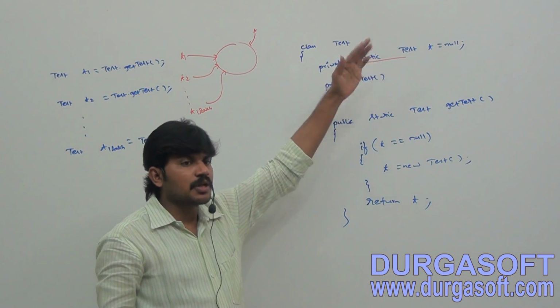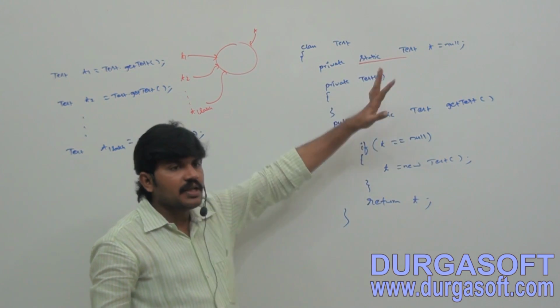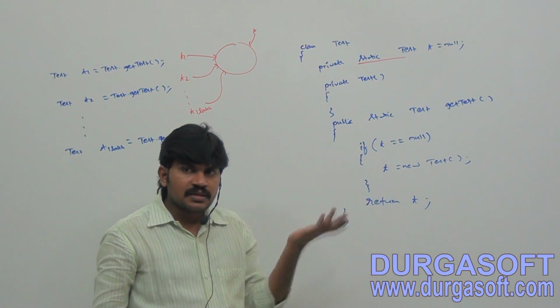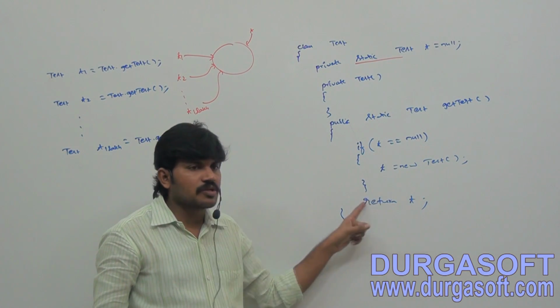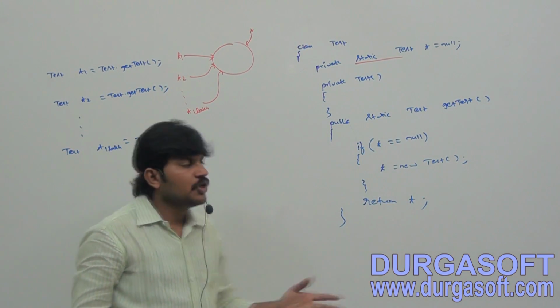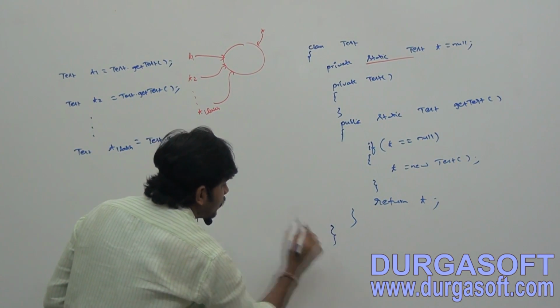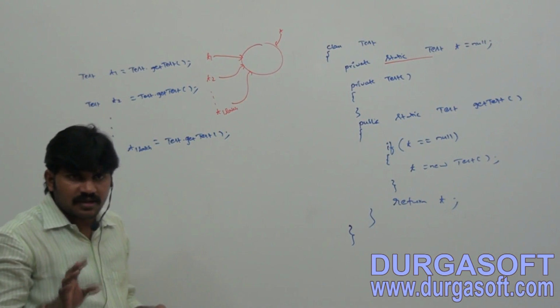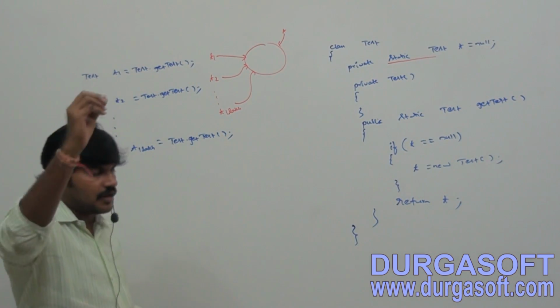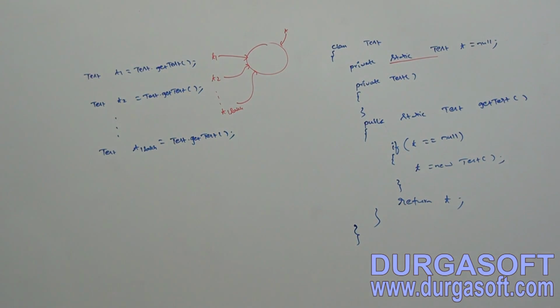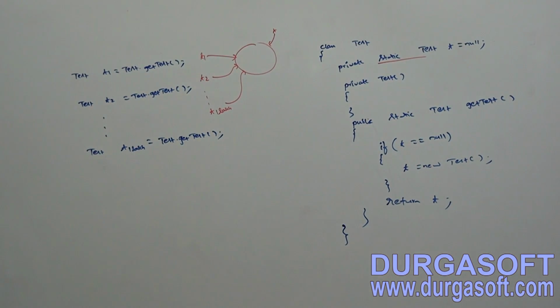Instead of creating the object at the beginning, whenever a request comes the first time, now I create the object. From the second time onwards, I return the existing object only. This is the second approach, approach 2. Two approaches are there for singleton classes.